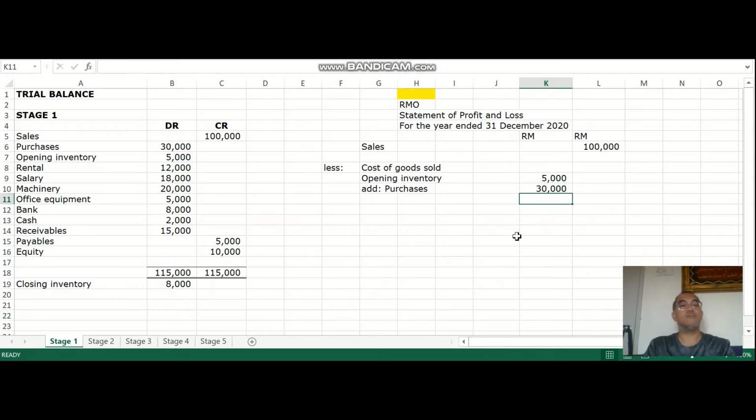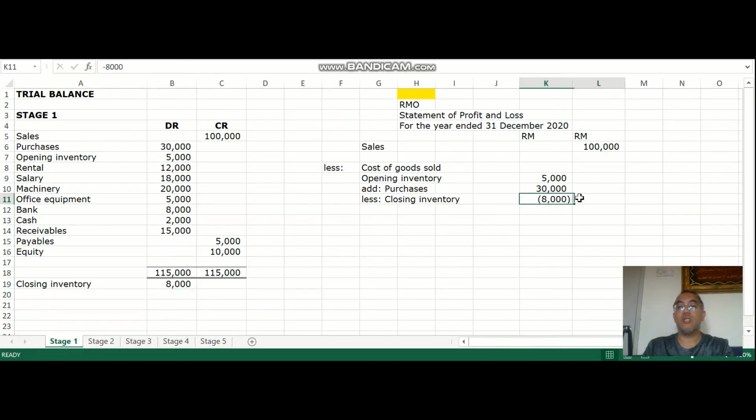And then minus or less closing inventory. Because it's minus, I need to put negative over here, so negative 8,000. You can see negative 8,000 comes from the closing inventory, what is left over inside your warehouse at the end of the period.